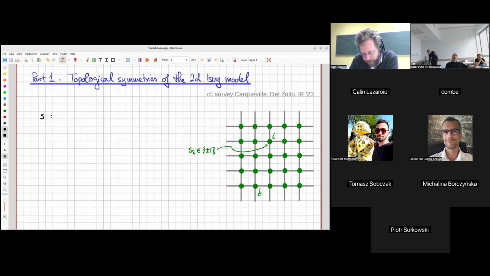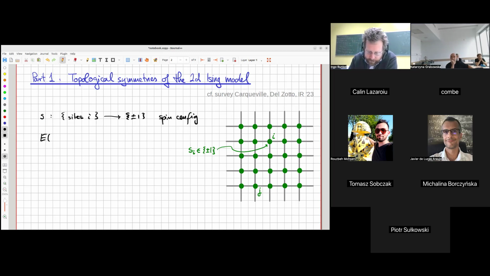Let's say S is a function which goes from the set of all sites to just plus or minus 1. That function says what is the spin at each site. And then for each such spin configuration, you can assign an energy.